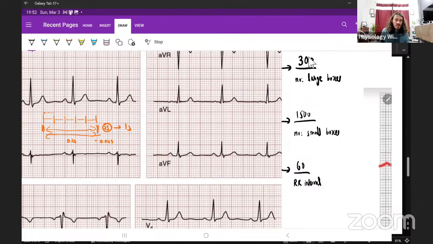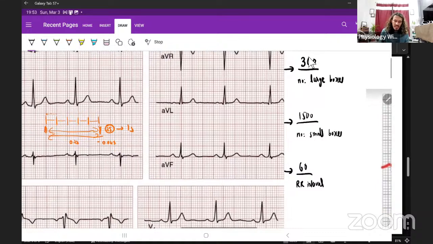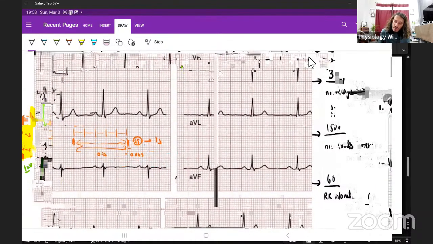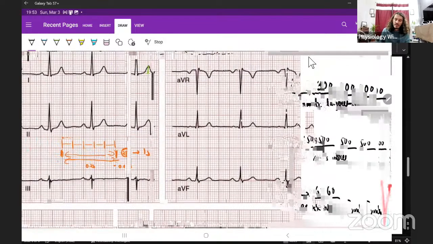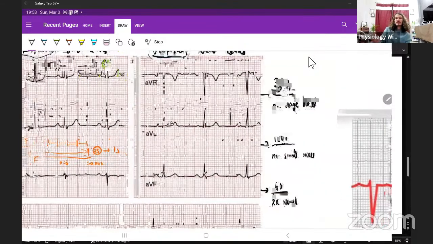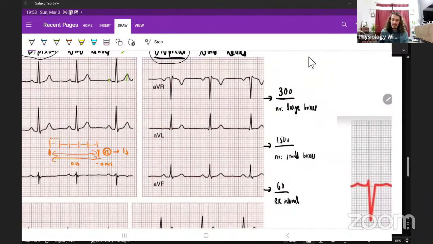How did we get all these formulas? It's pretty simple actually. If you look at the number of seconds that are there in a minute, we have 60 seconds in a minute. Heart rate is told as beats per minute.